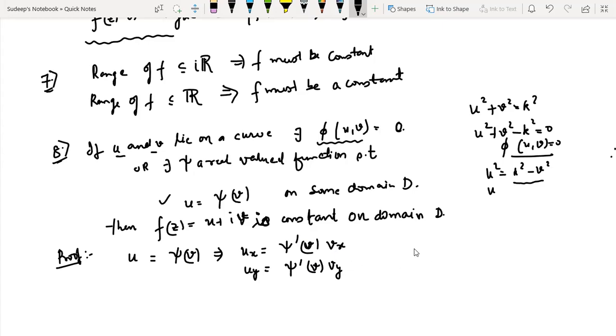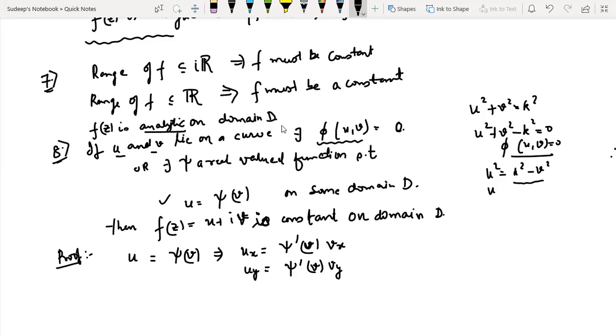Also we know that fz is analytic on domain D. All these things I'm writing for fz being analytic only.